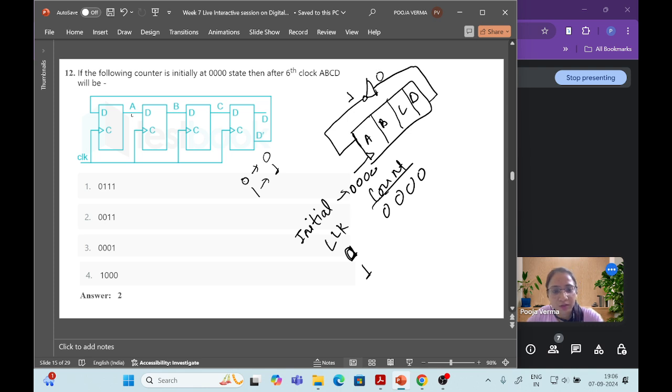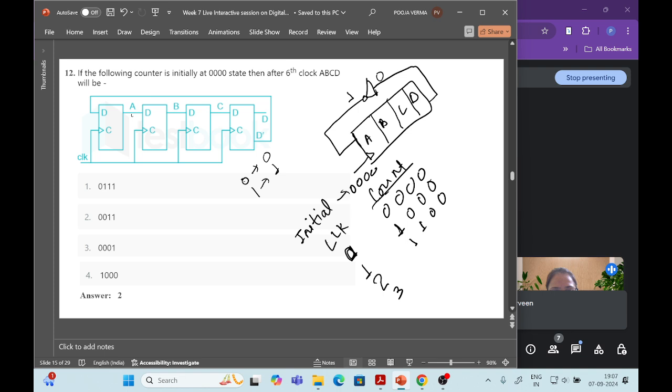That means the first is 1 and all others are 0. Now when the second clock pulse comes, D is still 0, so it will be complemented to 1 and shifted to the next one.